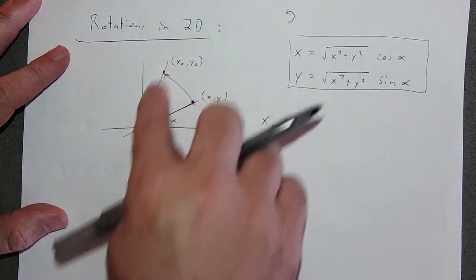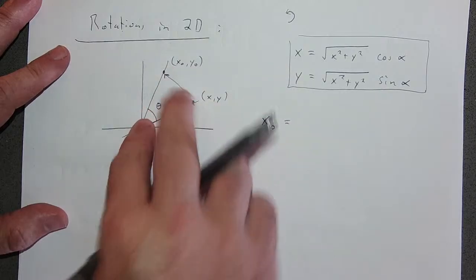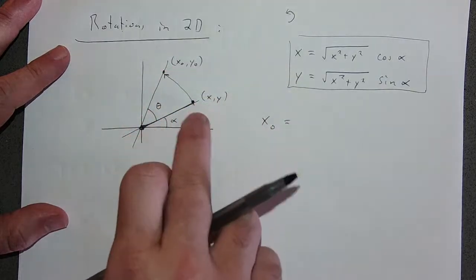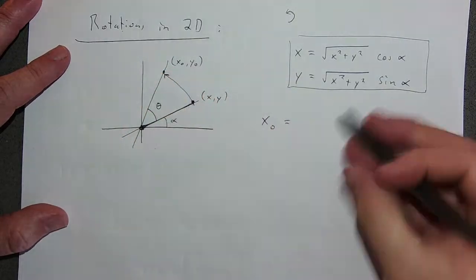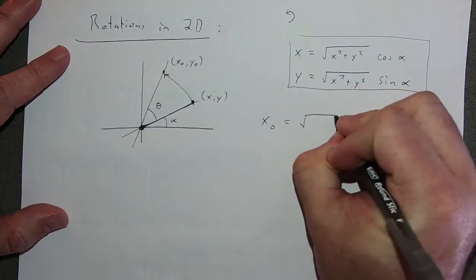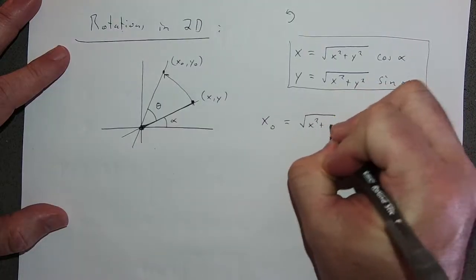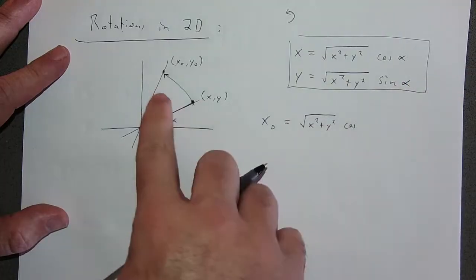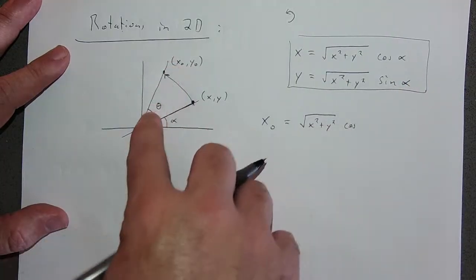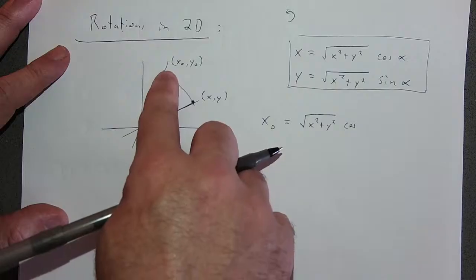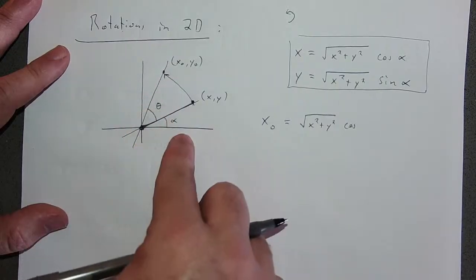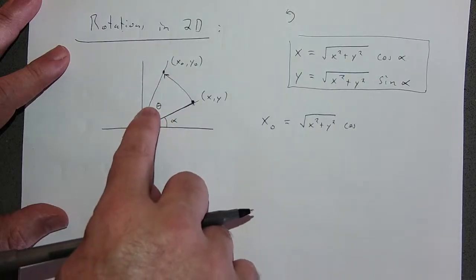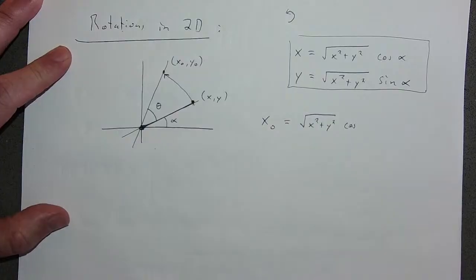So this has the same distance to the origin that this point has, and so this is still the square root of x squared plus y squared. But now this is cosine of the angle measured between this line, passing through this point and the origin, and the positive x-axis, which is theta plus alpha, or alpha plus theta.